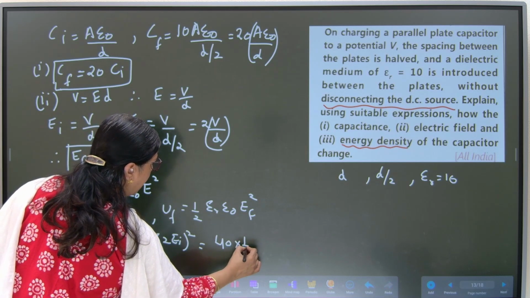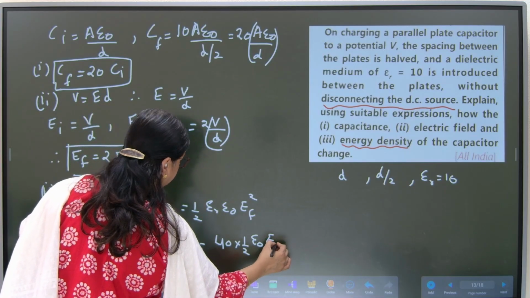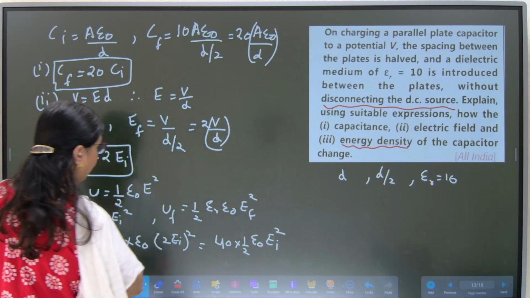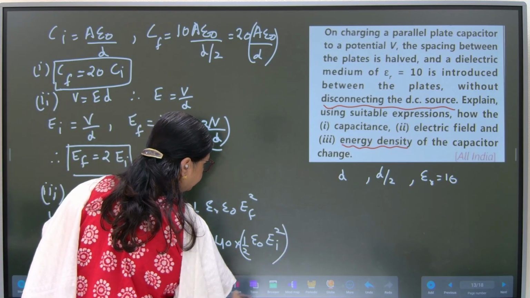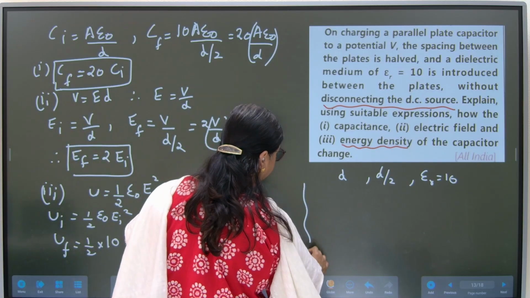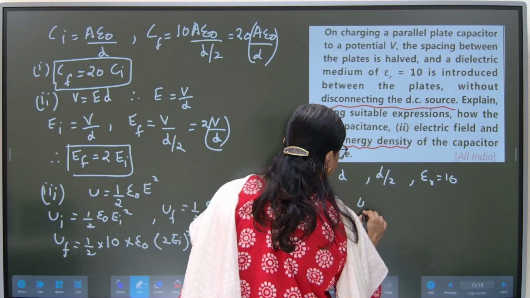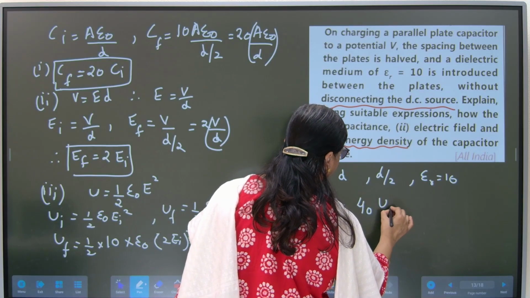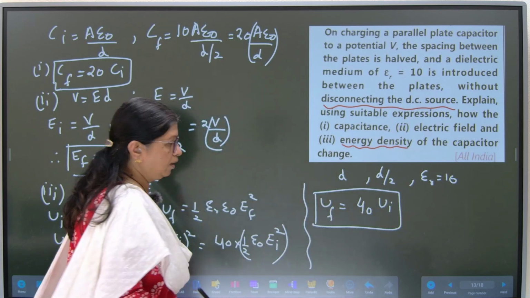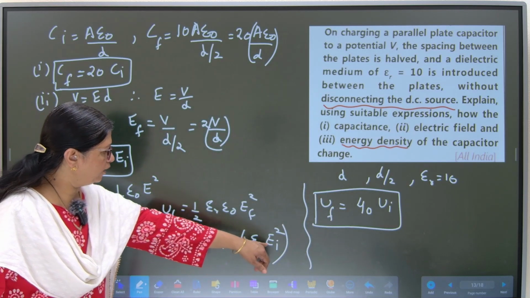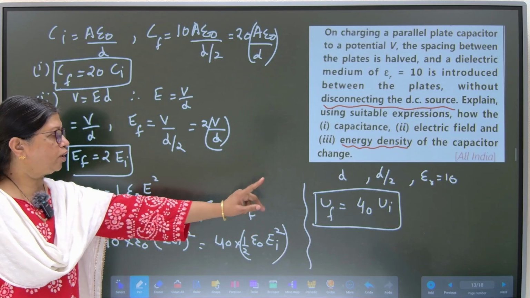Then half epsilon naught Ei square is Ui. So finally UF is equal to 40 Ui.